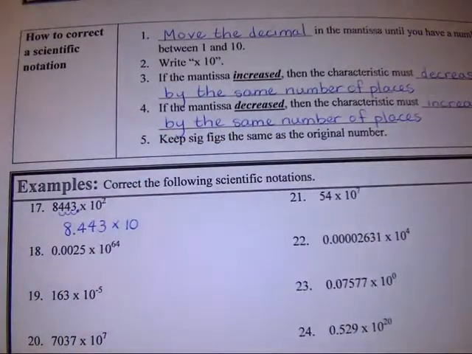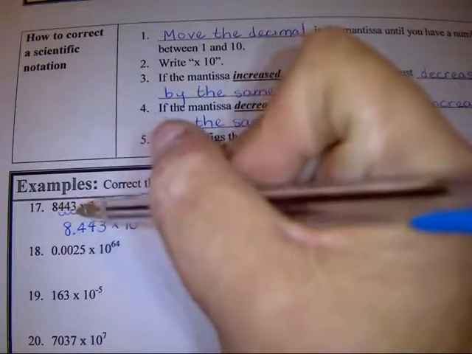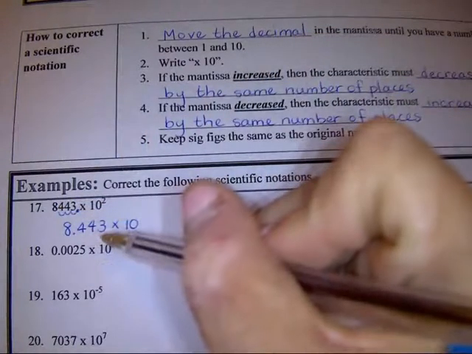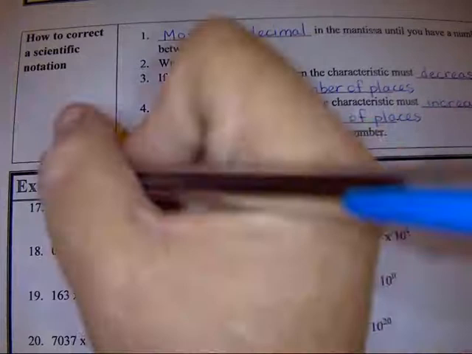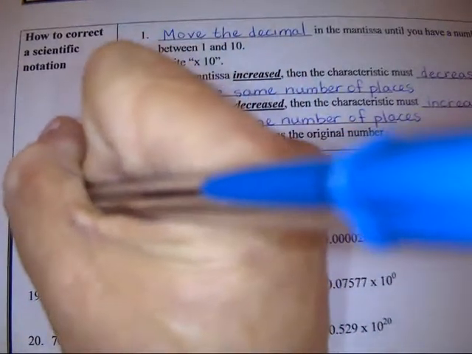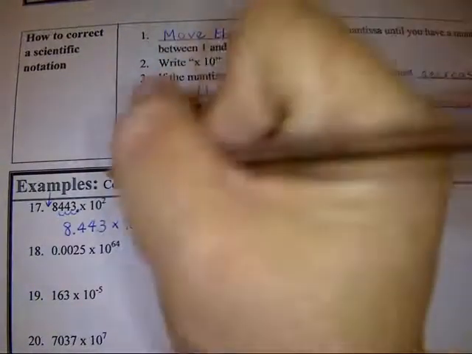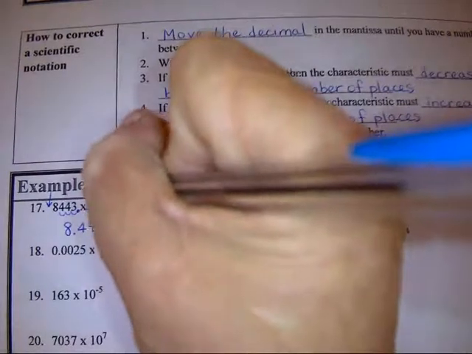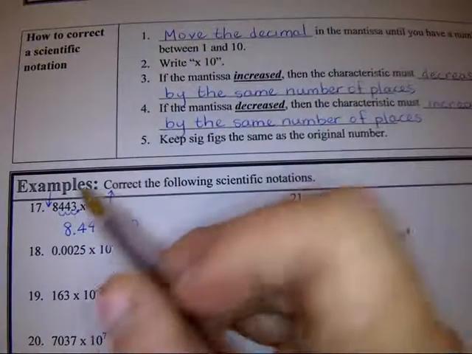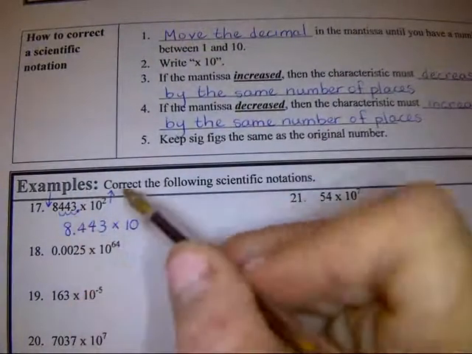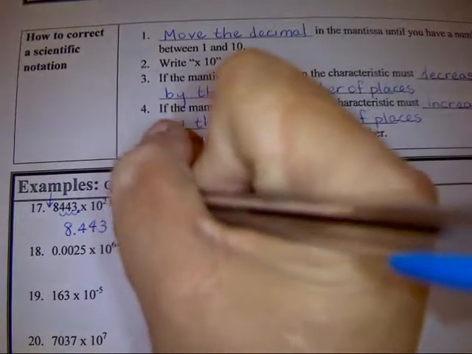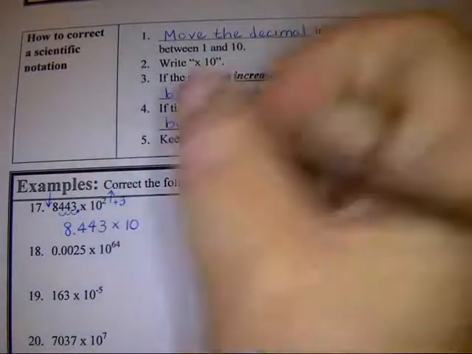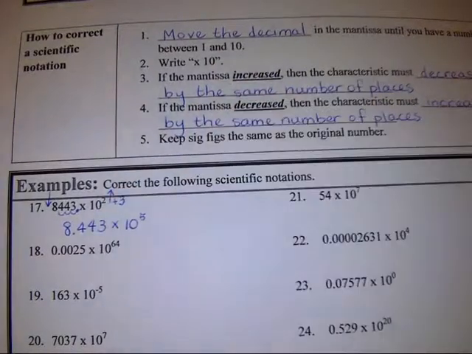Now this is where we have to look at if we do step 3 or step 4. From 8,443 to 8.443, it looks like we decreased. So if the mantissa decreased, then the characteristic increases. It decreased by 3 places, so we're going to add 3 to the 2. So what I would get is 5.